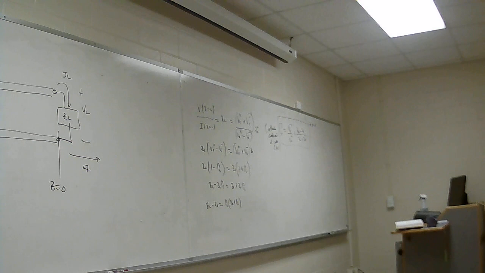So now this V0 or V of Z up here becomes what?